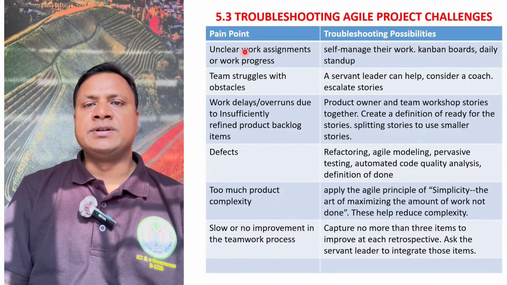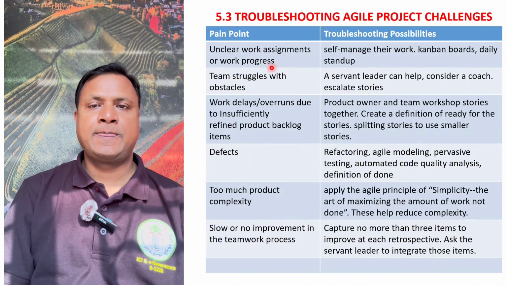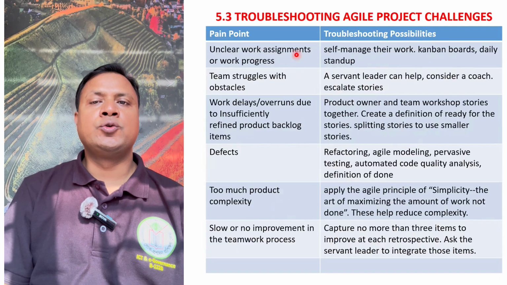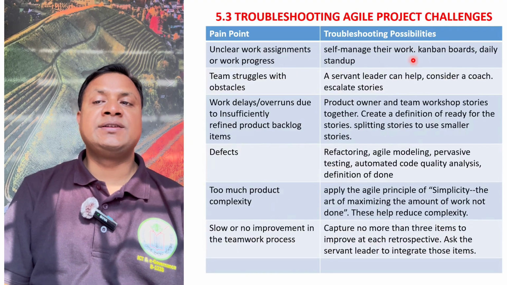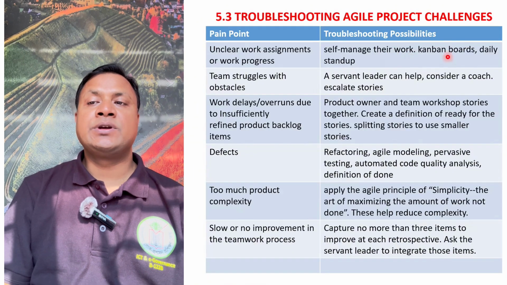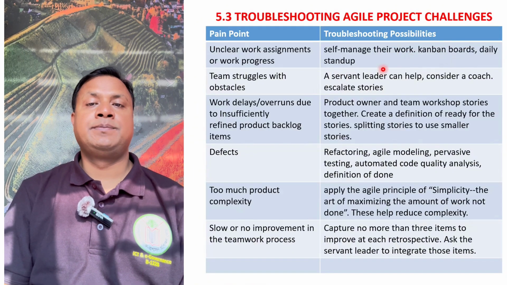Another pain point is unclear work assignments or work progress. If you do not know your work assignments, in that case self-manage your work. You can use a Kanban board. You can do a daily stand-up.